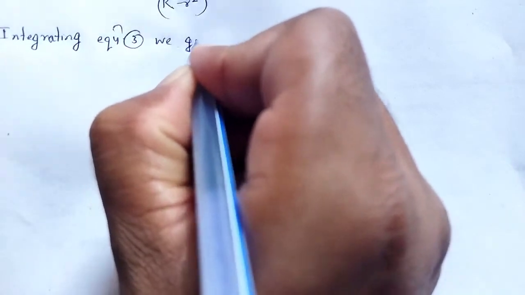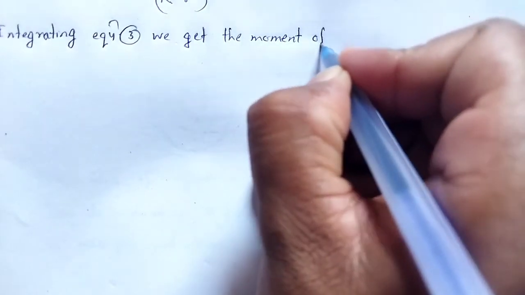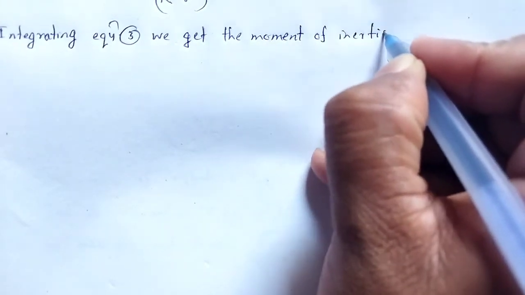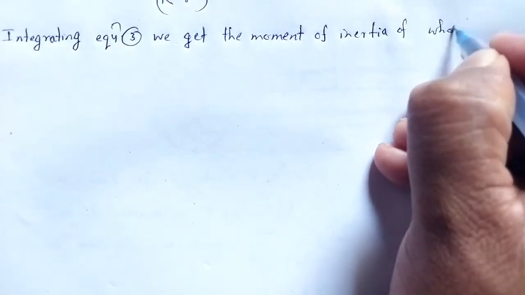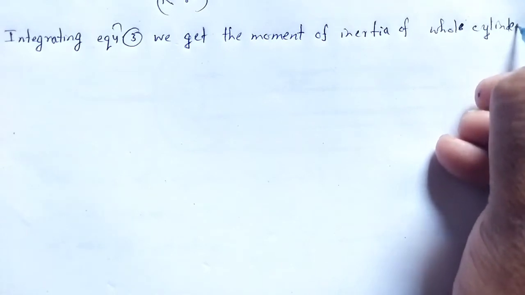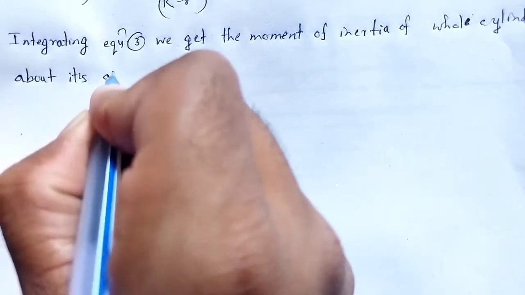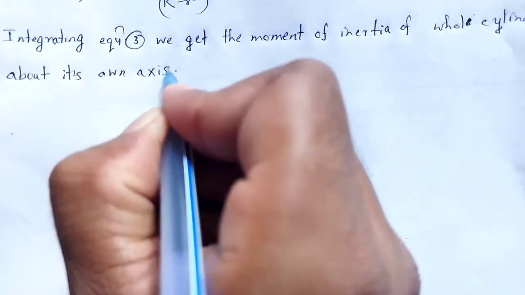That's why, integrating equation 3, we get the moment of inertia of the whole cylinder about its own axis.